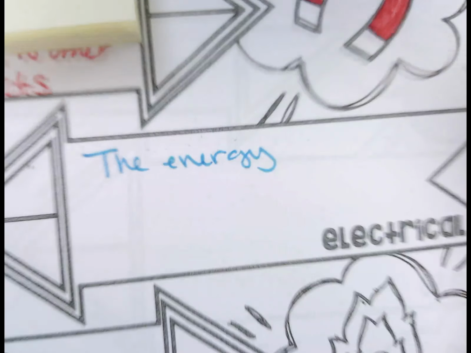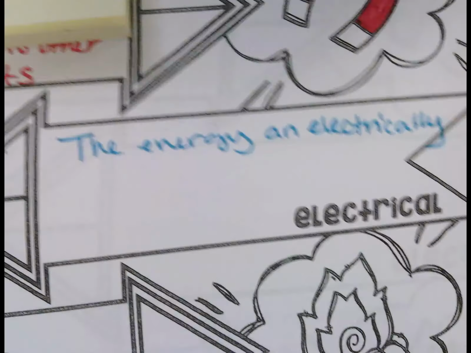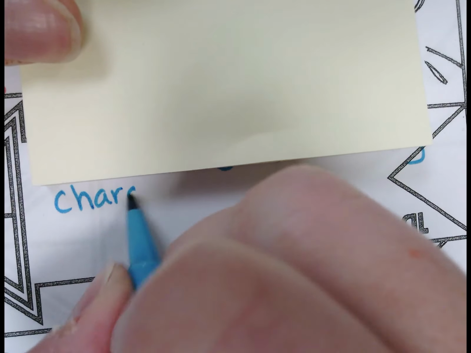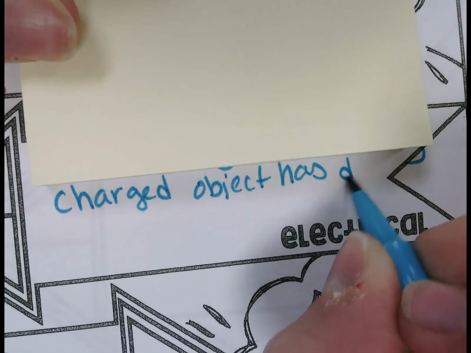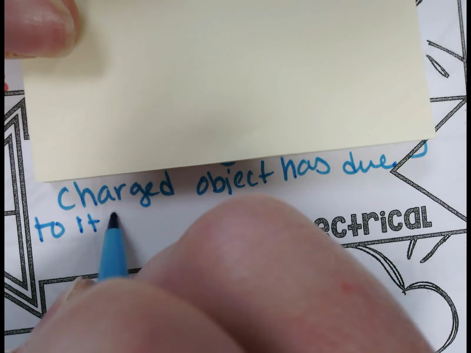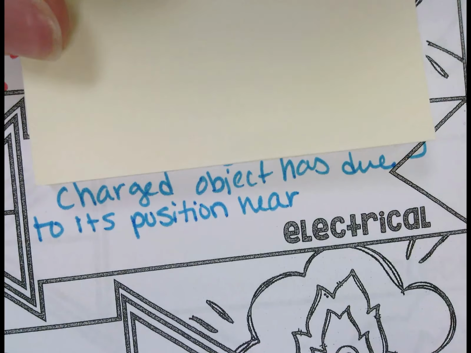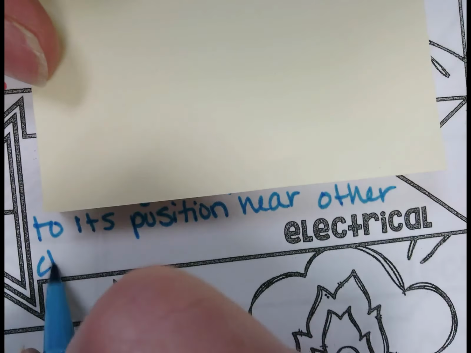So this is the energy an electrically charged object has due to its position near other charged objects.